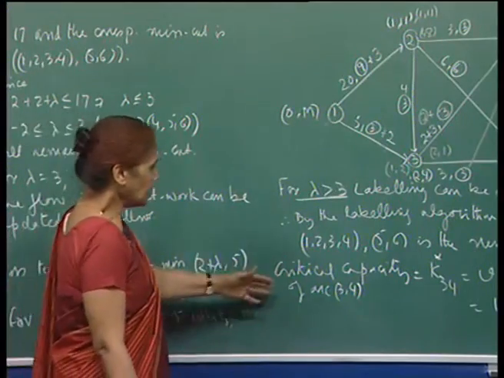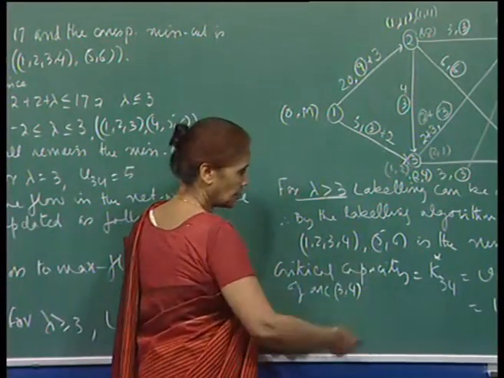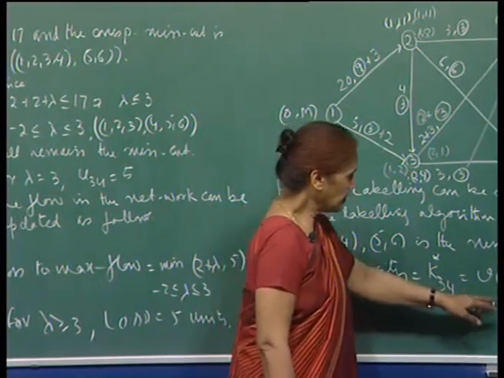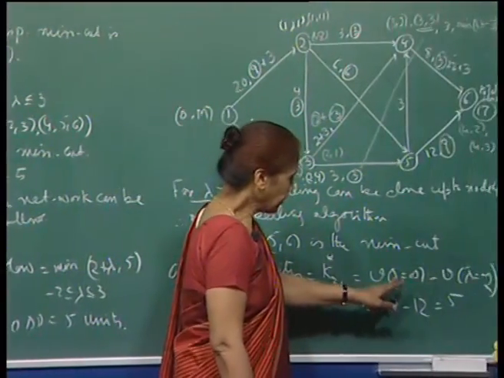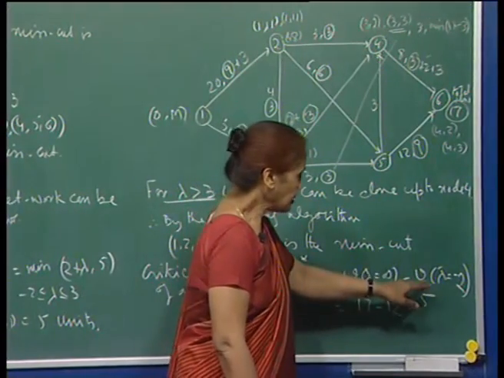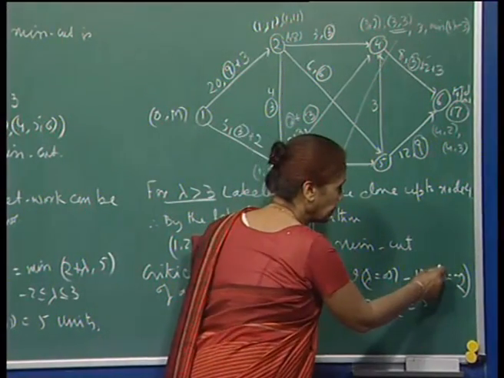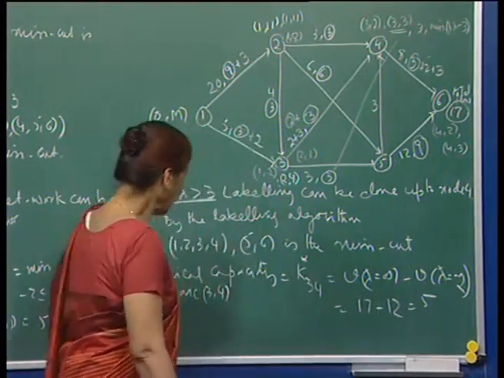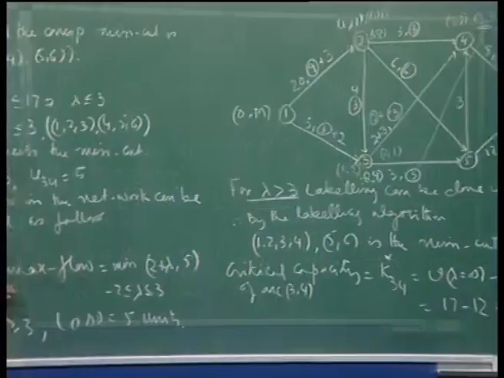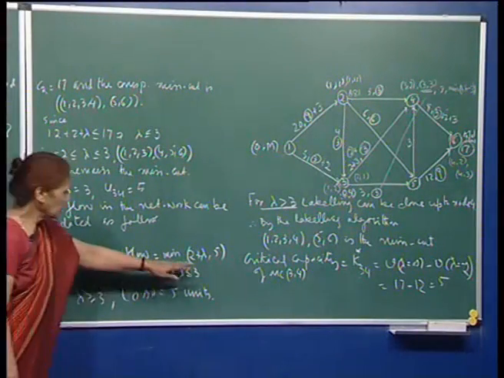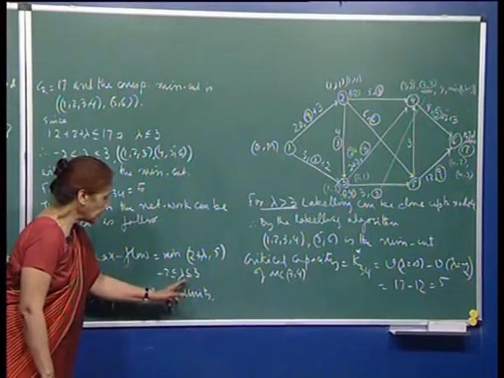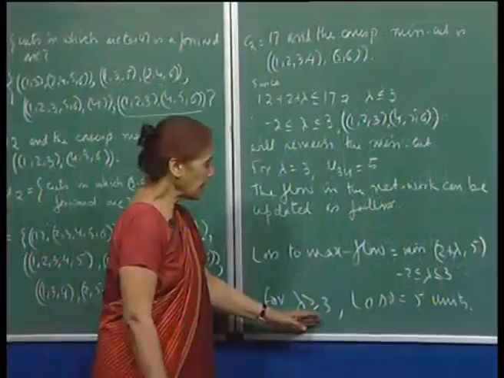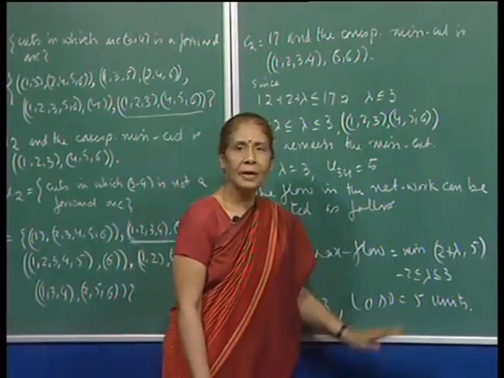And the critical capacity of arc 3 4, which we talked about a few minutes ago, denoted by k star 3 4, is the difference of the max flow when lambda is infinity, minus the max flow when lambda is minus 2, right. So, this is 17 minus 12, which is 5, and therefore, the loss to the max flow would be the minimum of these two numbers when lambda is between minus 2 and 3, but when lambda is greater than or equal to 3, the loss in the network will be 5 units.